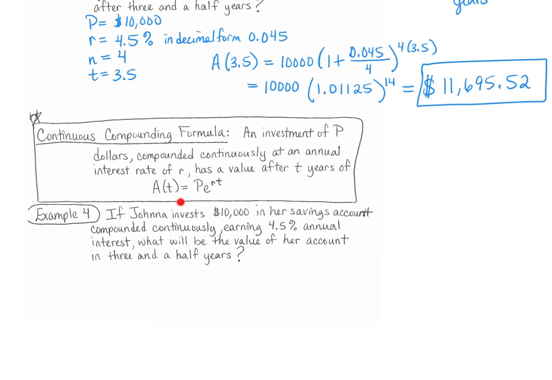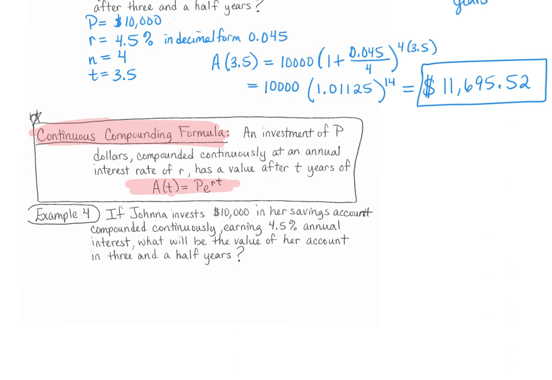Some people remember that as PERT. We use this whenever we're compounding continuously. That's important. Remember that. Continuous compounding means you use this formula.